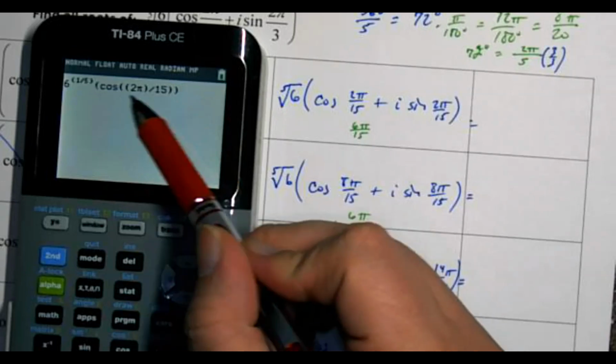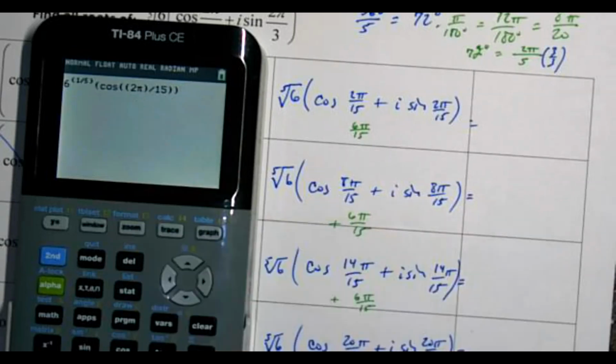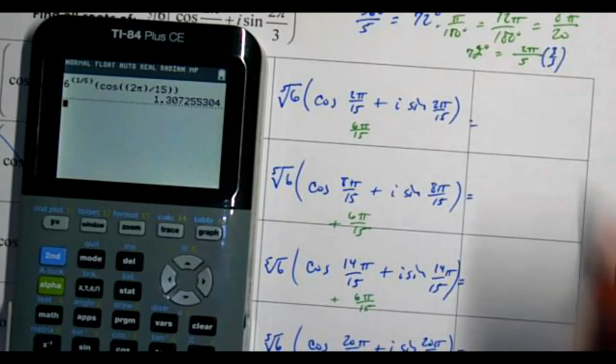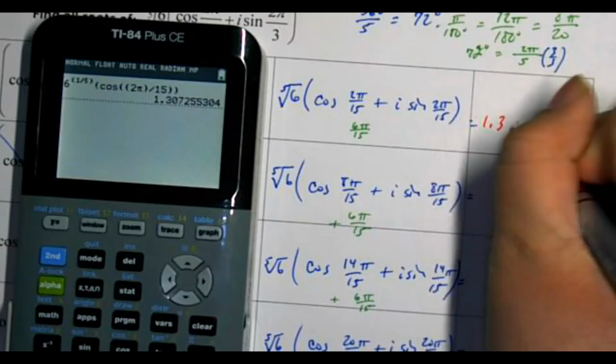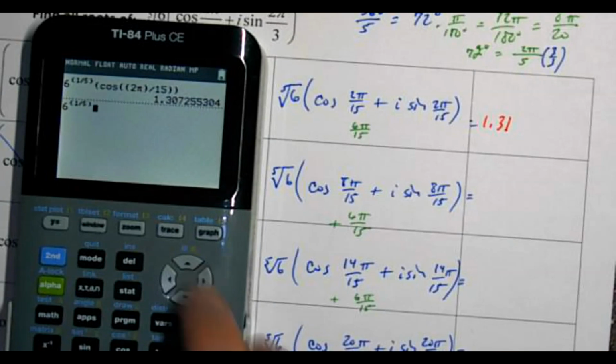And that's 1.31. And then I've got to do the same thing. 6 raised to the 1/5, 5th root of 6, times the sine of the quantity 2 pi divided by 15.